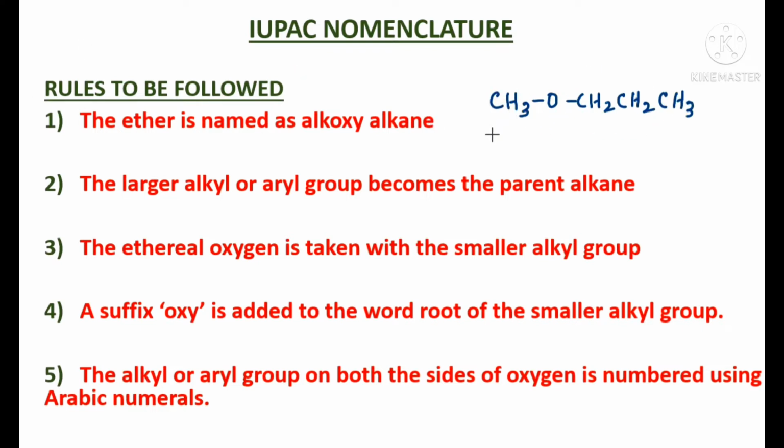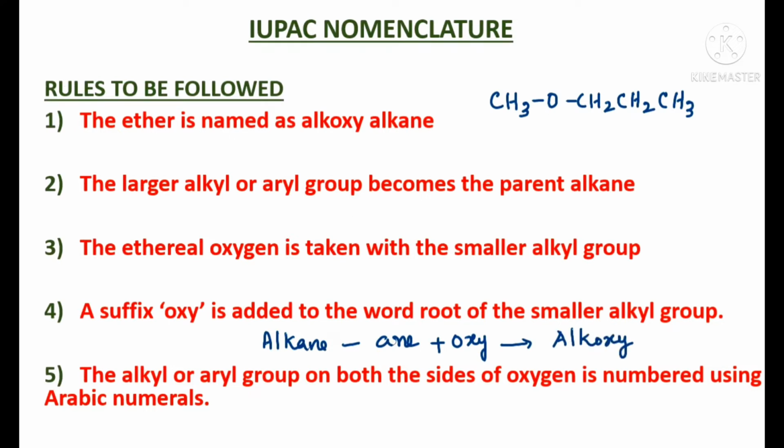See, this is a methyl group. So how to write? We'll write alkane minus ANE plus oxy. So alkane minus ANE gives alk, plus oxy means alkoxy. Alkoxy. Okay, this is how we should write.